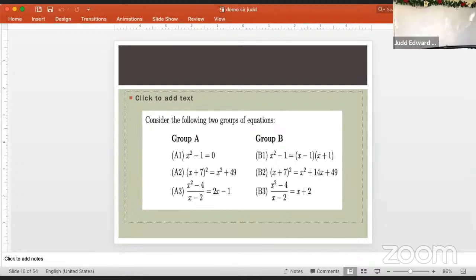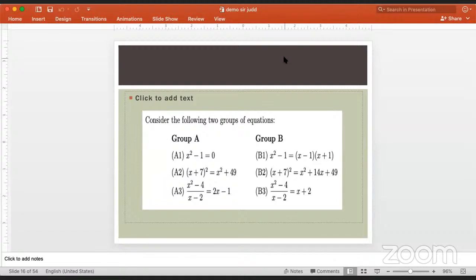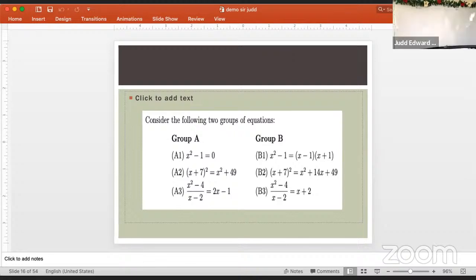But there will come a time that they will be equal, right? Opo, sir. Pero hindi po sa lahat po ng value na ipa-plug in mo po, magiging equal po sila.